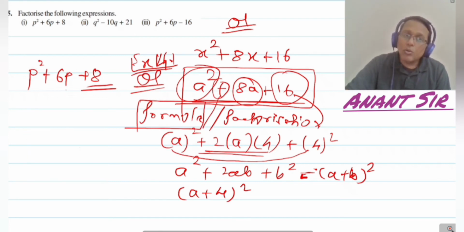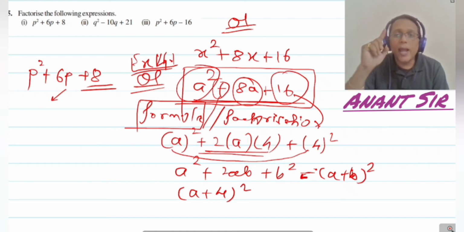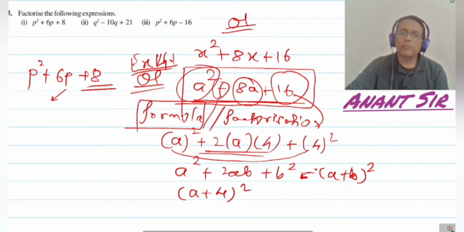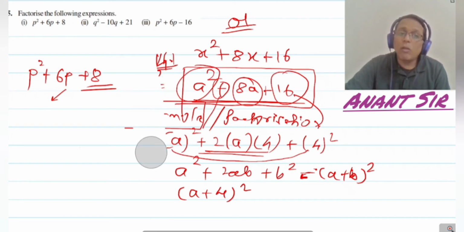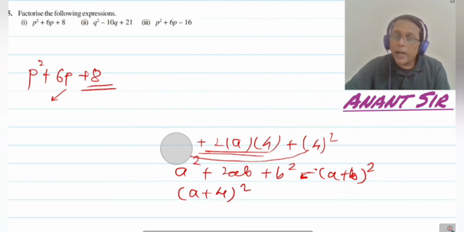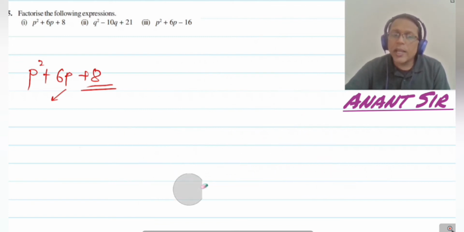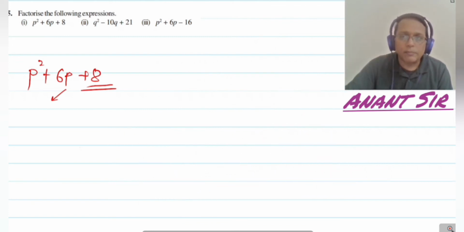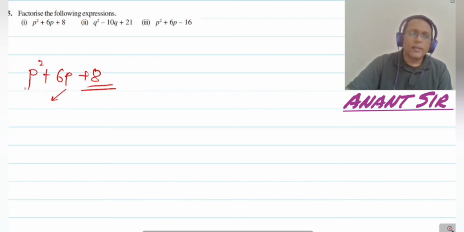So we have to solve this by factorization only. That means the factorization method can be used to solve any quadratic polynomial, but only a few questions can be solved using the formula. So now, how to solve this quadratic polynomial?